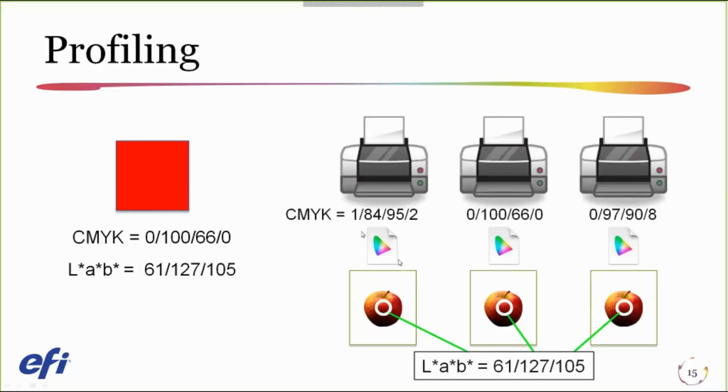I need an ICC profile that understands how each printer reproduces color so that when I send this LAB value to each printer through its corresponding profile, the system will come up with the right recipe. Notice they're all different, so that that pixel will look correct when output from each of the devices. So that is profiling, and that's what's important. It takes into consideration your ink, your media, your printer, inkjet heads, the length of time it's been in use, all those different things.